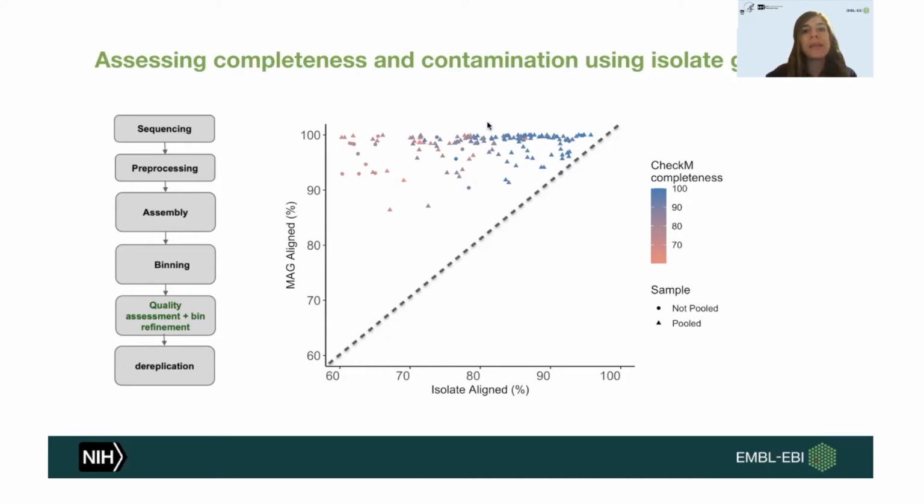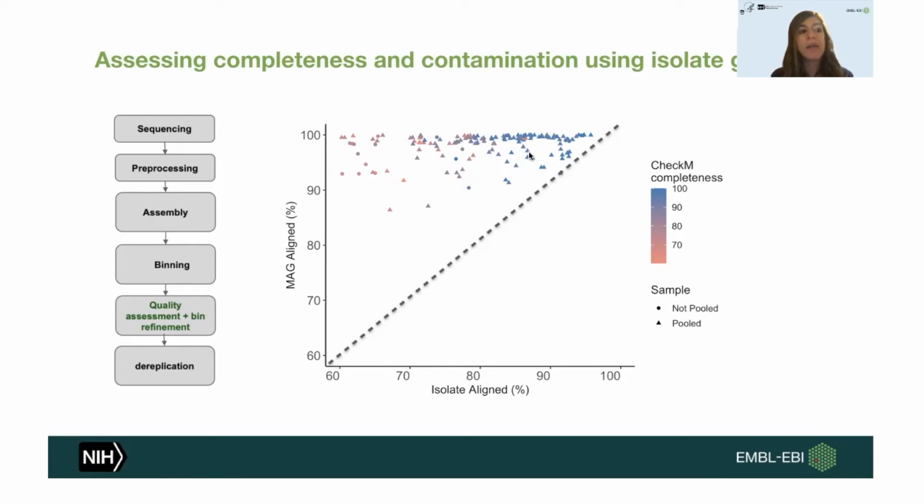But we had done some further analysis, which showed that CheckM tends to overestimate the completeness of MAGs compared to what we had found in our alignment approaches. We also see in this figure that the pooled MAGs, shown as triangles, tend to have a high isolate aligned and MAG aligned, and also a high CheckM completeness.